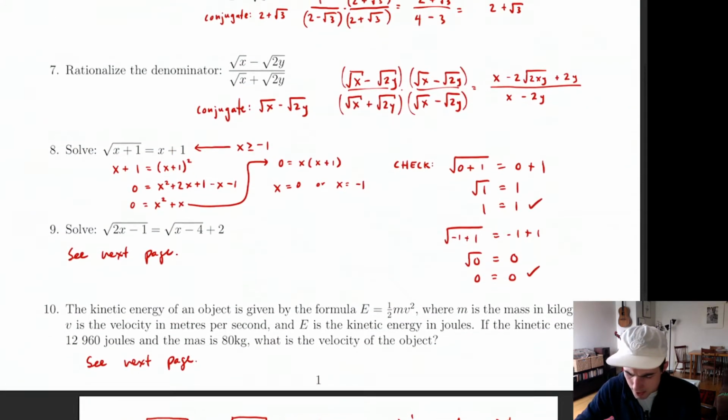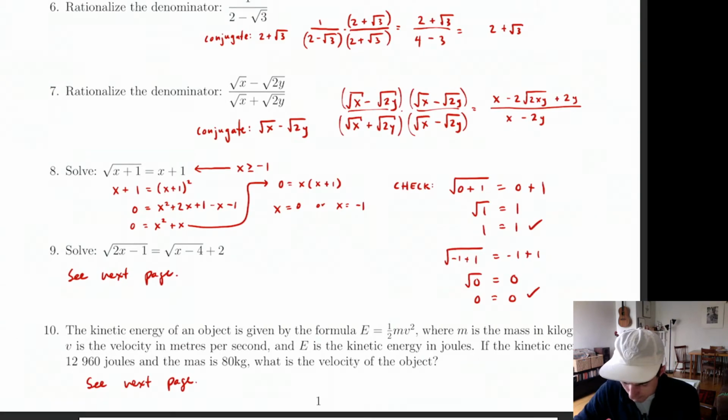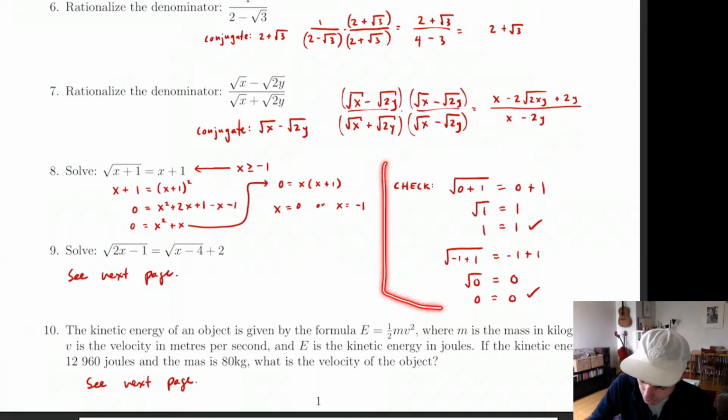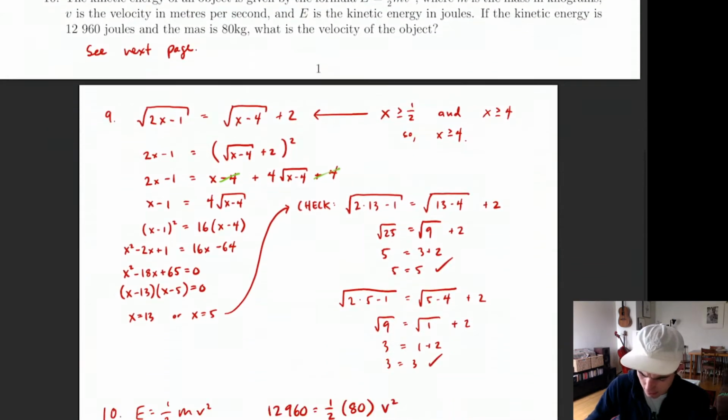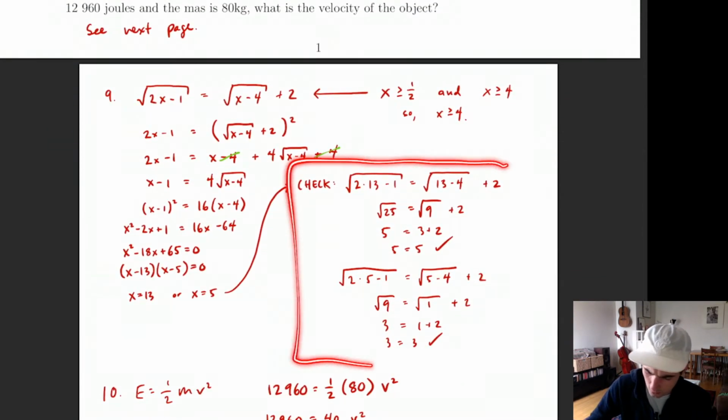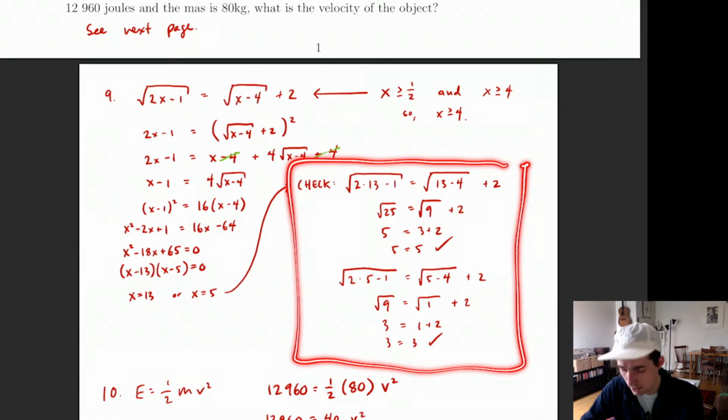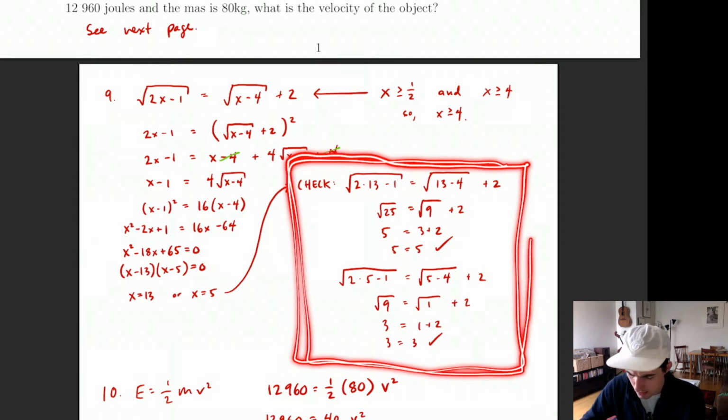The main mistake a lot of people were making was forgetting to check their answers. It turns out all of the answers here worked out. However, you still have to check.